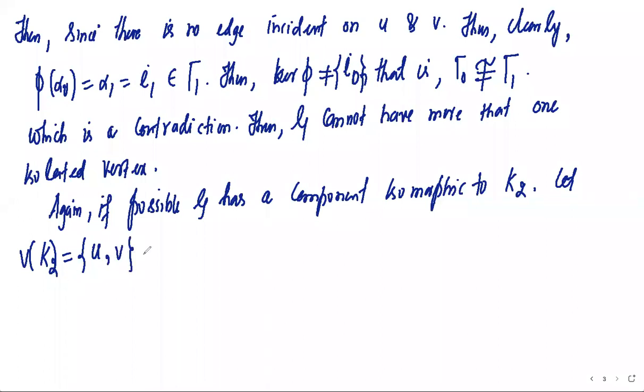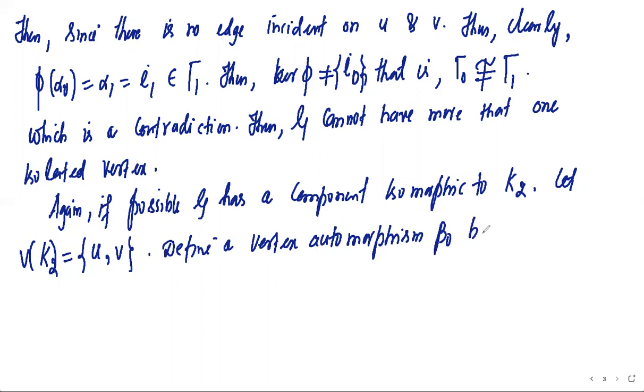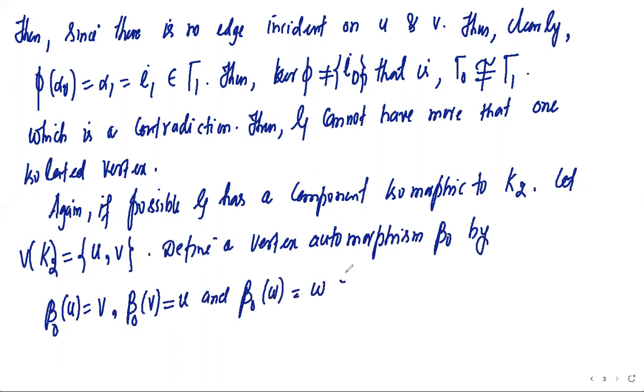Then there is an edge between U and V. Then define a vertex automorphism beta 0 by beta 0 of U is equal to V, beta 0 of V is equal to U, and beta 0 of W is equal to W for all W belonging to the vertex set of G minus UV.